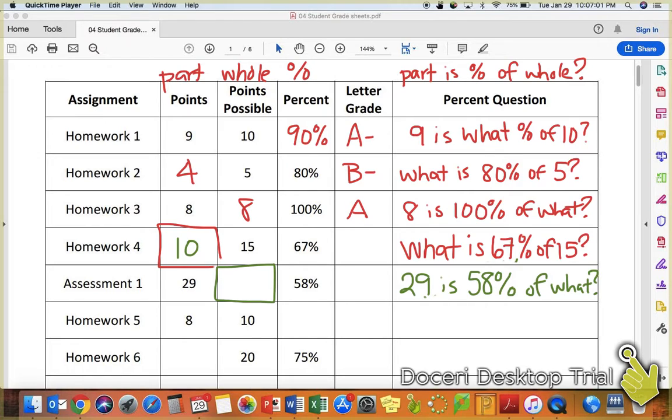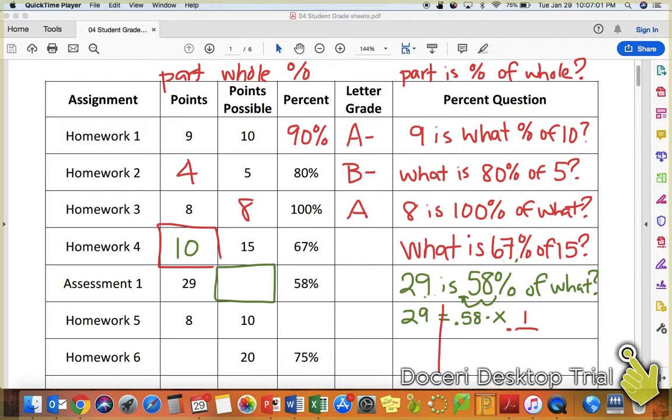Okay? Now I'm going to write this as an equation. So I have 29 equals, and remember I have to bring the decimal over twice, 0.58 times x. Okay, so this one's a little bit different. What I need to do is draw the line, and I'm going to multiply by the multiplicative inverse.